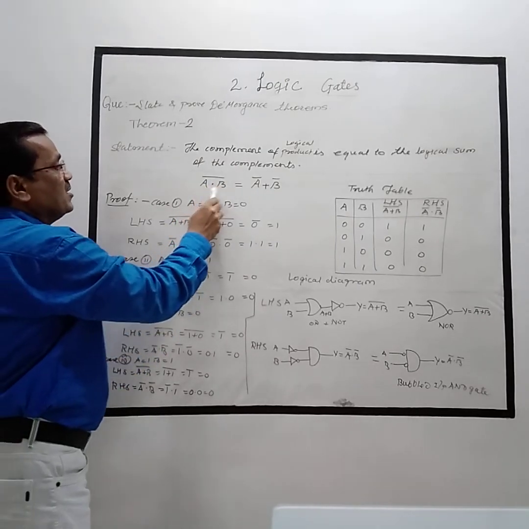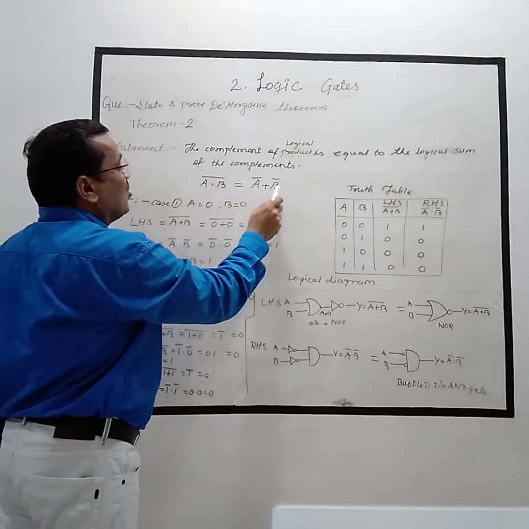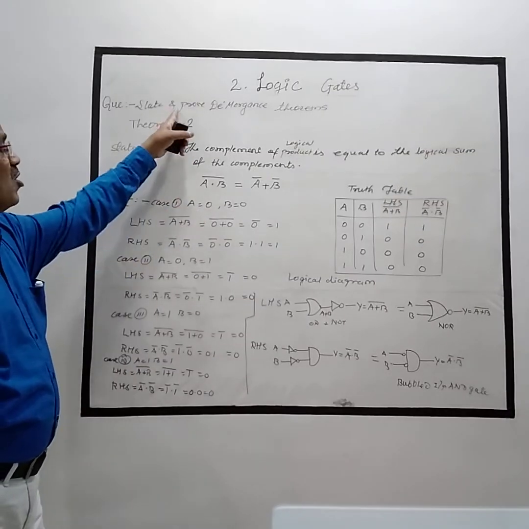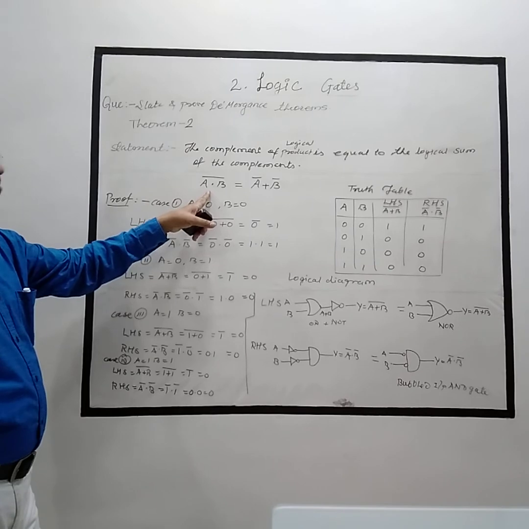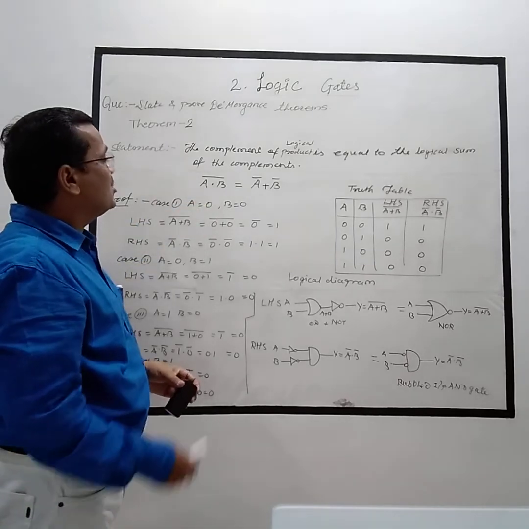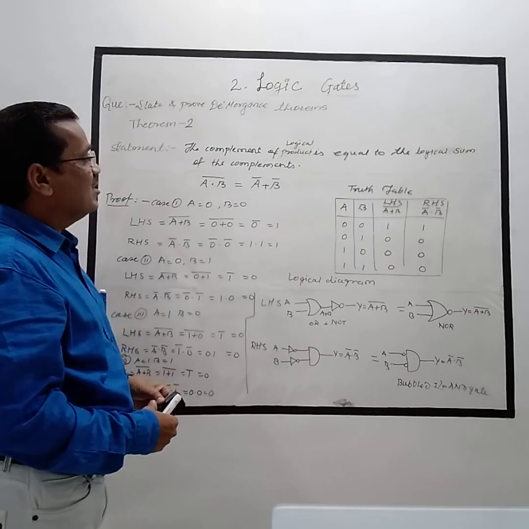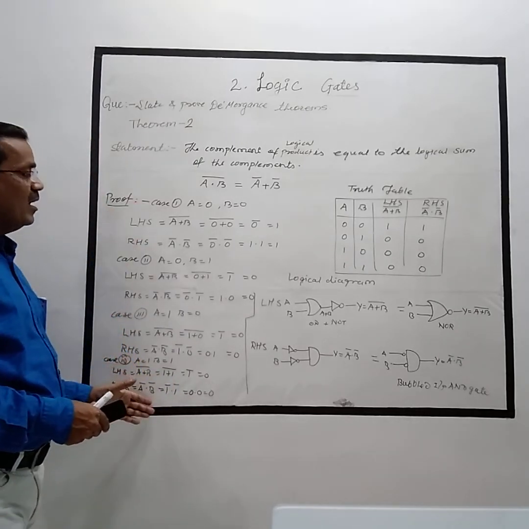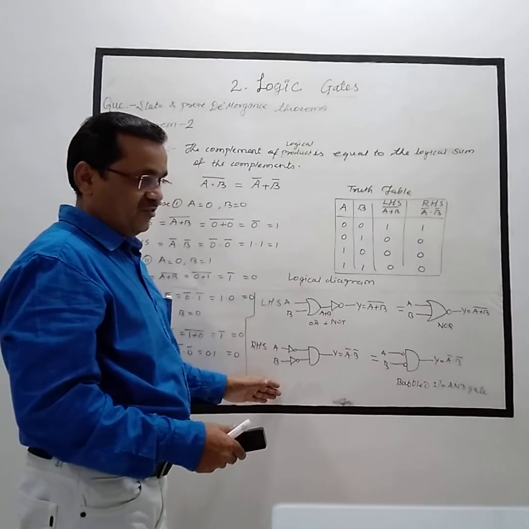Complement of product is equal to sum of their complements. This is the De Morgan's second theorem. Similarly, we can prove this second theorem by using a truth table, working and logical diagrams.